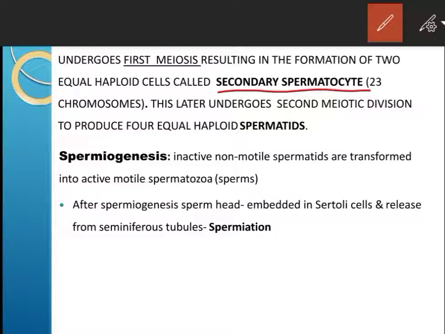Each secondary spermatocyte further undergoes second meiotic division to produce 4 haploid spermatids. The spermatids transform into spermatozoa by the process called spermiogenesis.